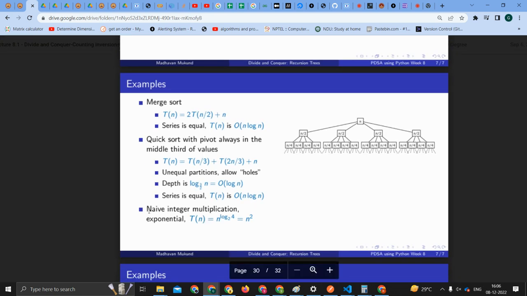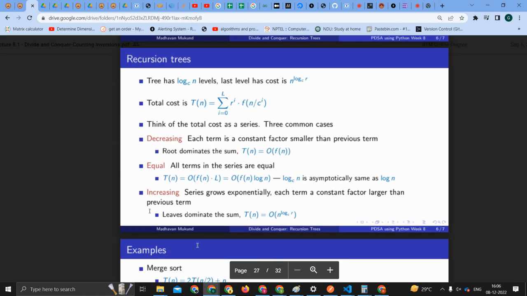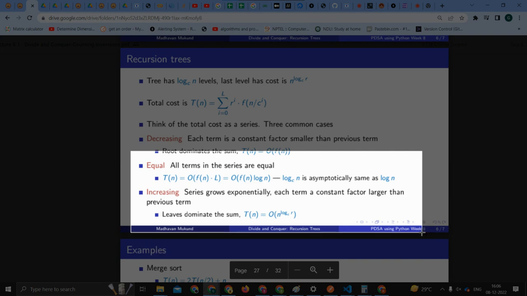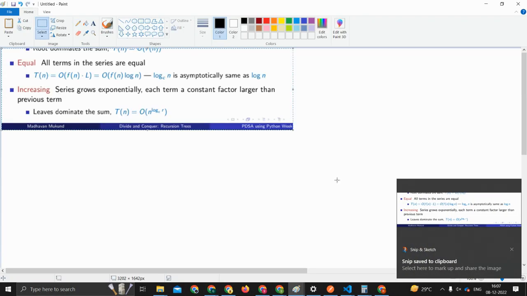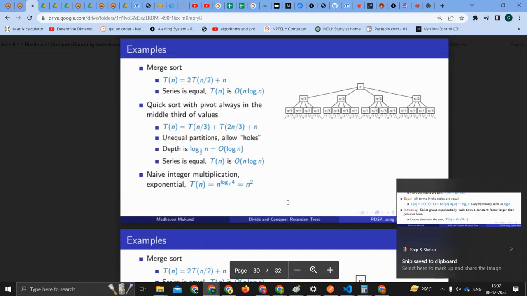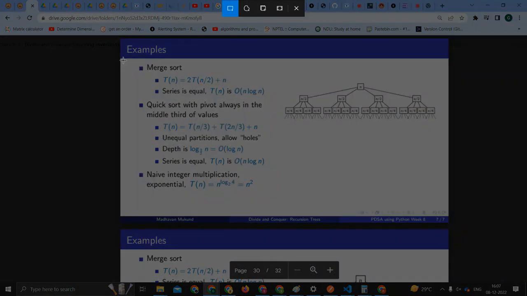If it is an increasing series, what formula do you have to use? This formula you have to use. So that means the term is exponentially increasing.